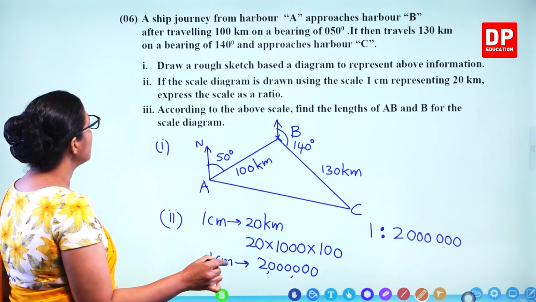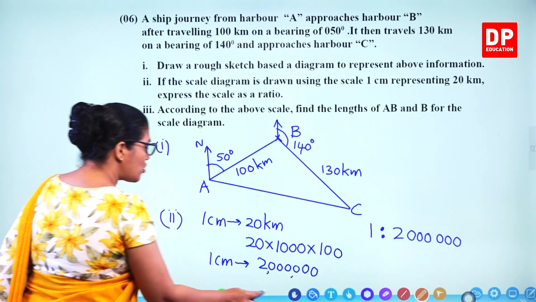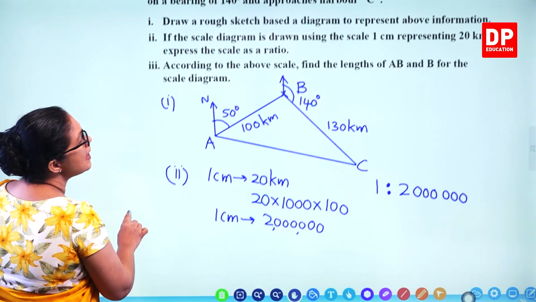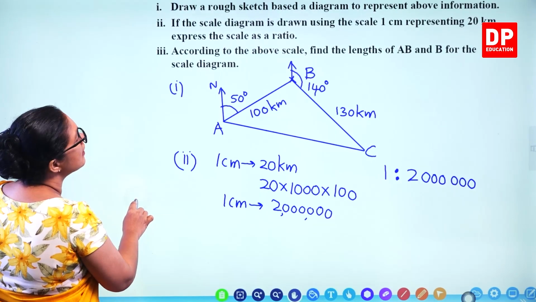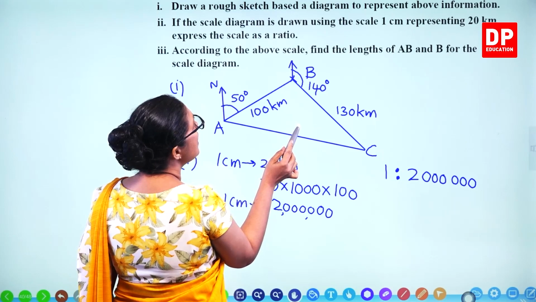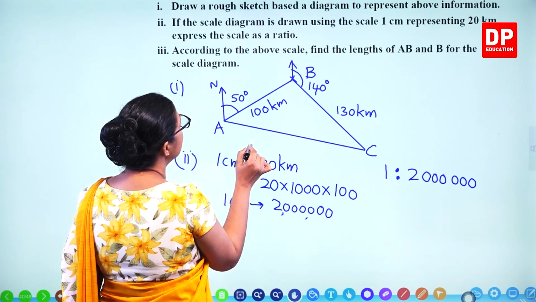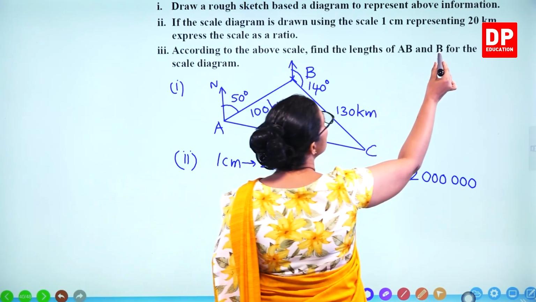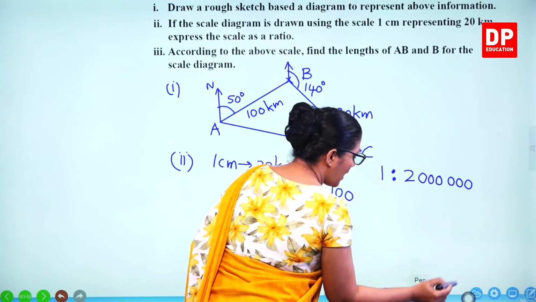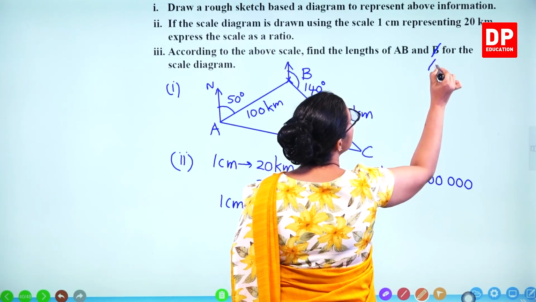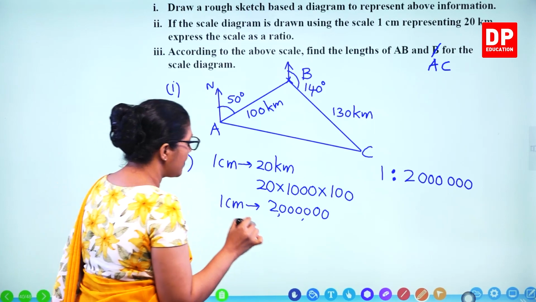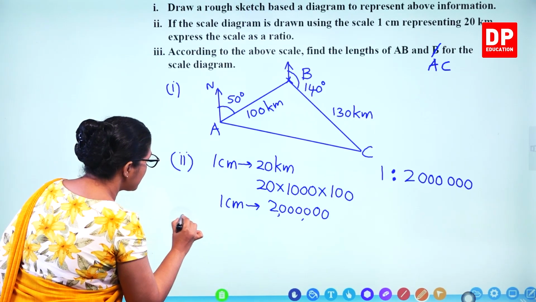Now the third part, it says, according to the information given, find the lengths of AB and, this should be AC. AB and AC. I'll correct it because they are asking the lengths AB and AC for the scale diagram. So let's do AB first.